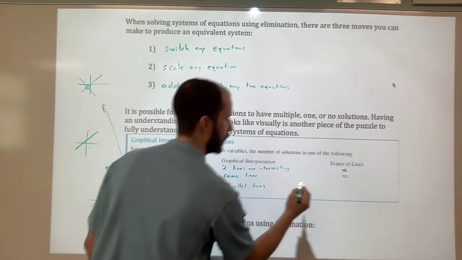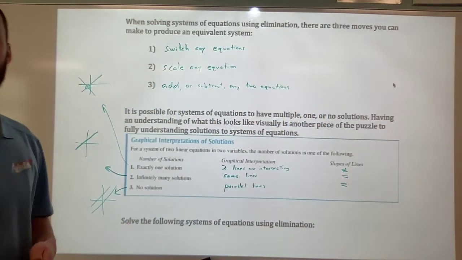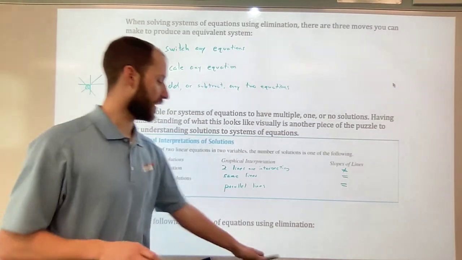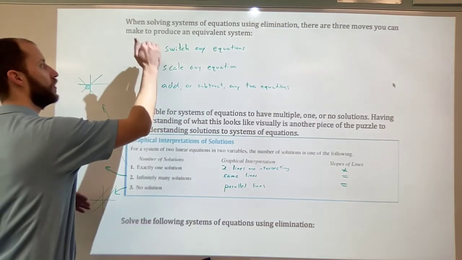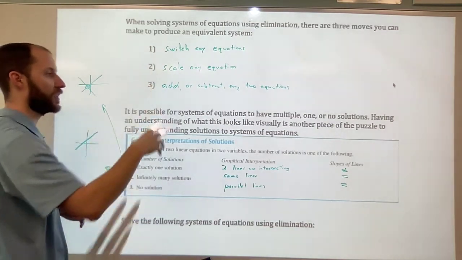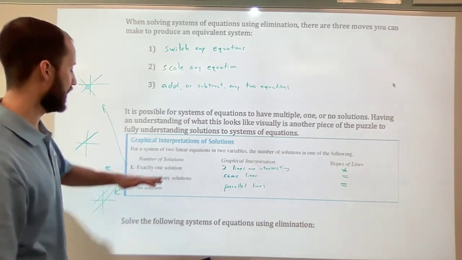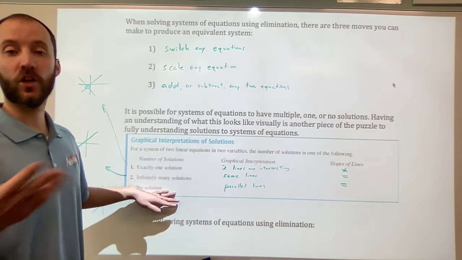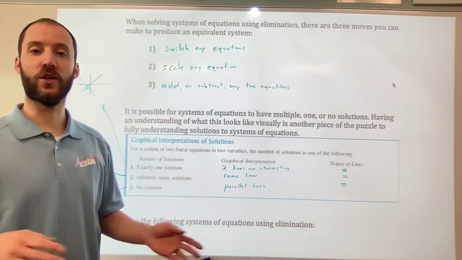And again, their slopes would be equal to each other. So there are a couple more examples in the section you want to look at. Kind of go through these steps, use the ones that are applicable, and then the answers you get should be in one of these outcomes. So look at those answers and check your answers with my completed notes online.